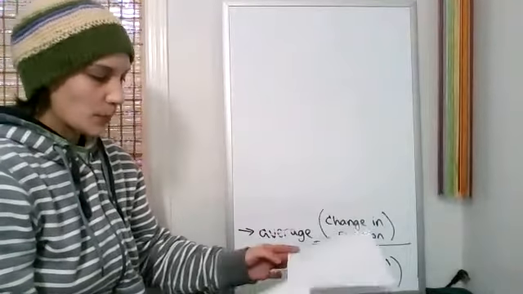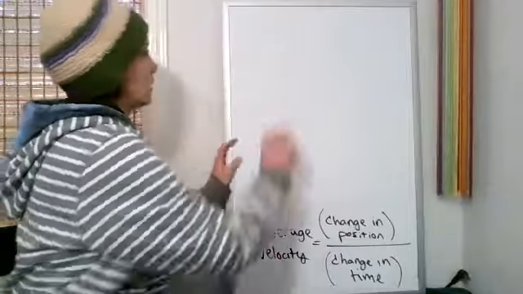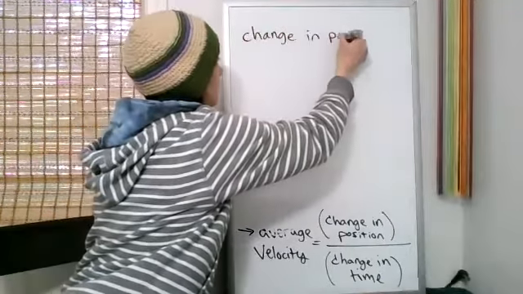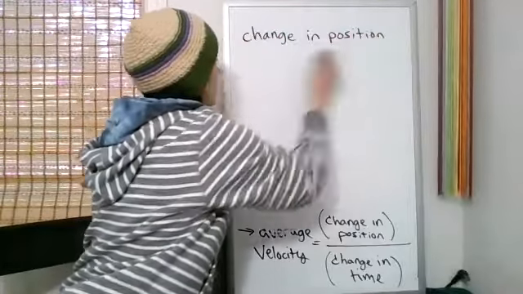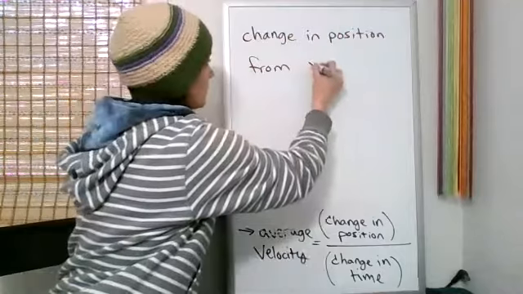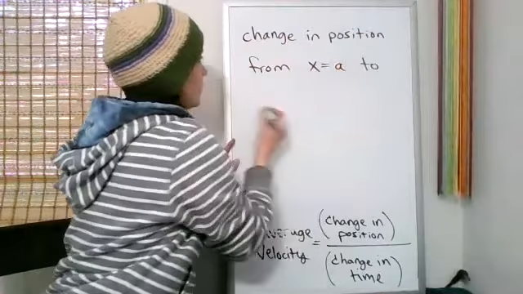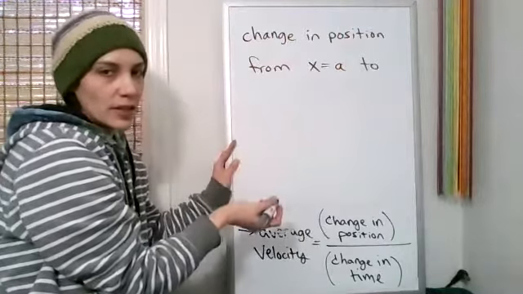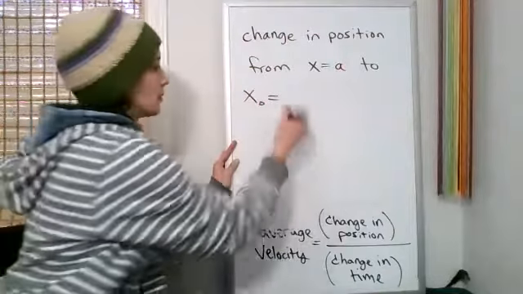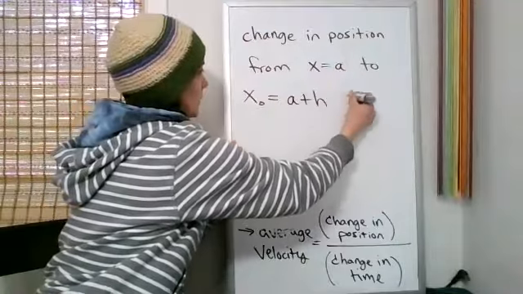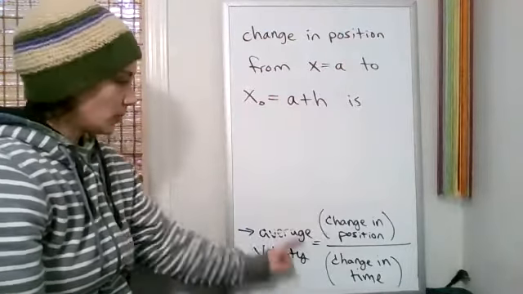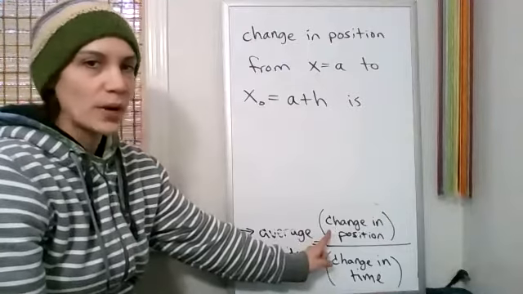So I have that change in position from, let's see, x equals a to some other x value, we'll call x naught, being a plus h. Okay, is the difference between, so change in position, difference between your y values.